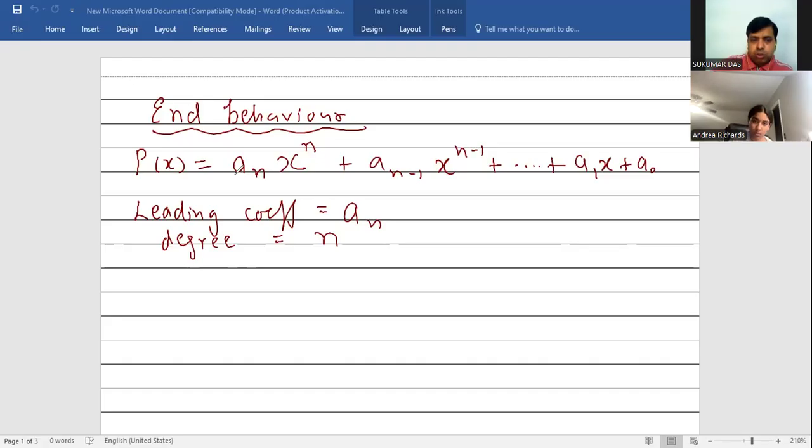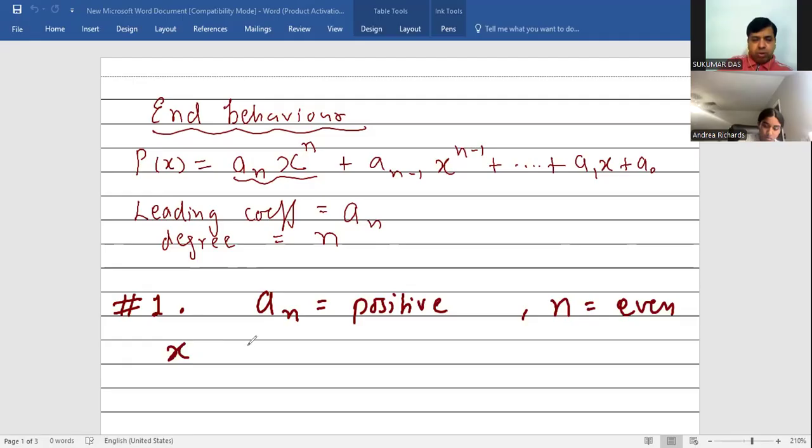Okay. So how to go about this? See, the first scenario is if the leading coefficient is positive and the degree is even, then when x tends to plus infinity, y will also tend to plus infinity.